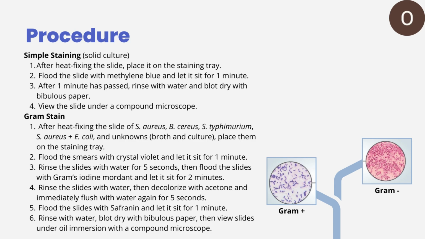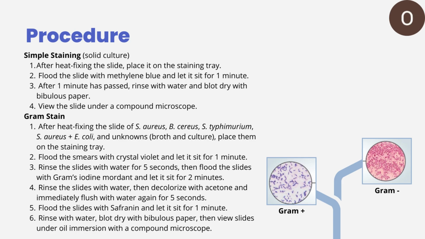And for the gram stain, we did the smear and heat fixing for S. aureus, B. cereus, S. typhimurium, and the mixed, which was S. aureus and E. coli, and the 2 unknowns, unknown 201 and 102, both the broth and the culture. And for these slides, we flooded them with crystal violet stain, let that sit for a minute, then rinsed with water for 5 seconds, and then flooded with the iodine stain and let that sit for 2 minutes.